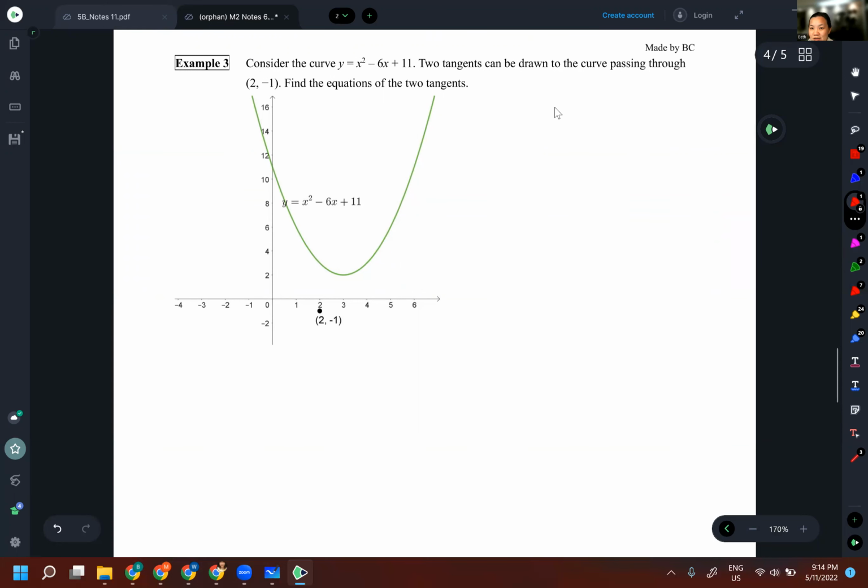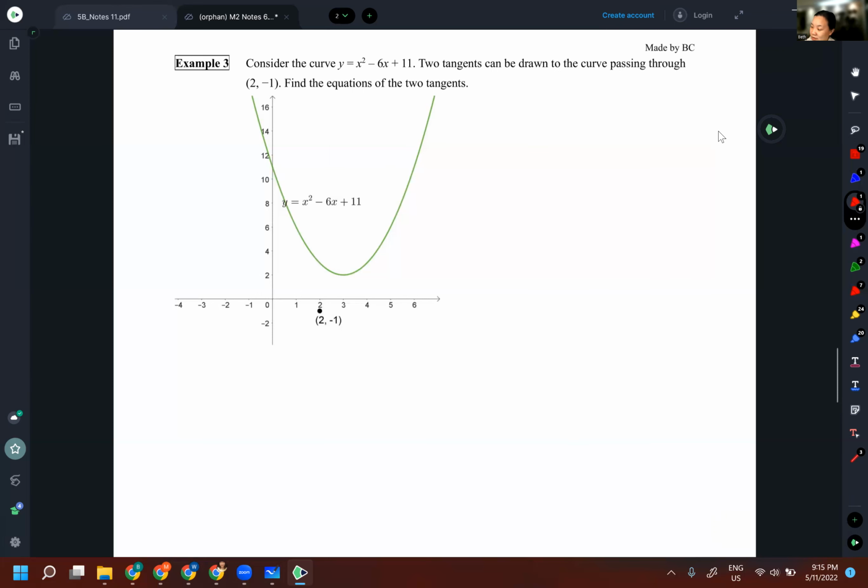Now you see the phrasing here. The sentence here is very different from example 1. Perhaps very similar, but I think it's very different. In example 1, it says tangent at, which means the point is on the curve, and you find the tangent passing through that point.